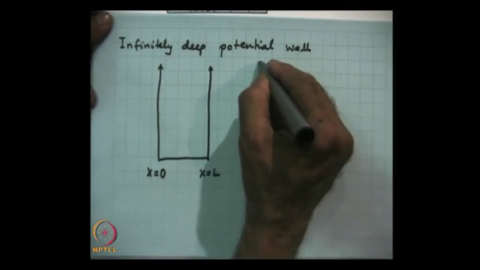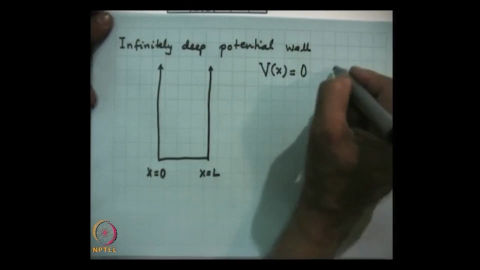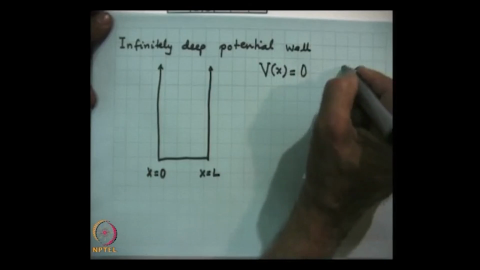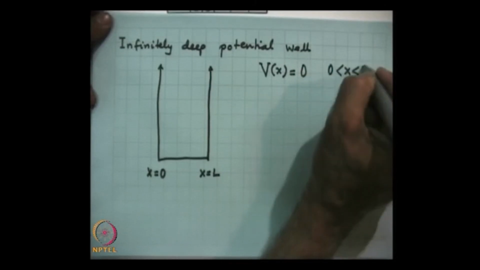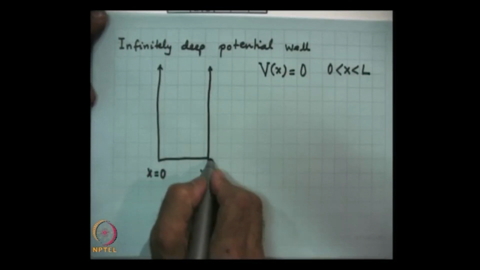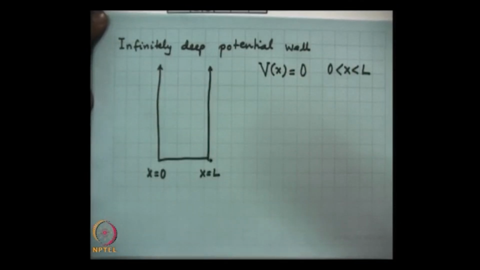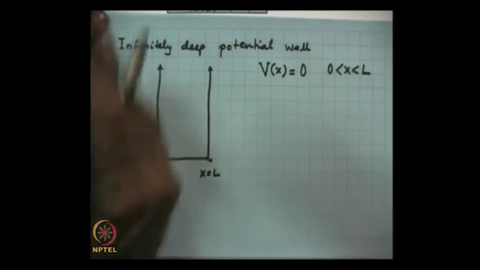So, V of x is equal to 0 for x lying between 0 and L. And at the boundary there is an infinite jump in the potential, and therefore, the electron or the proton cannot go outside the well.